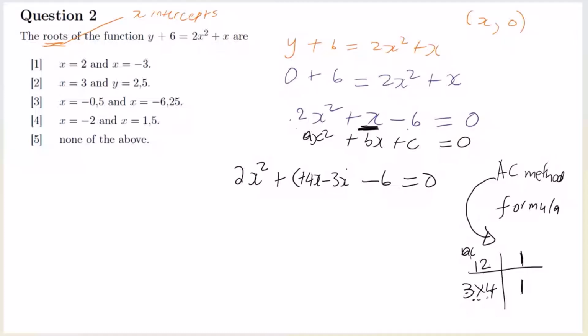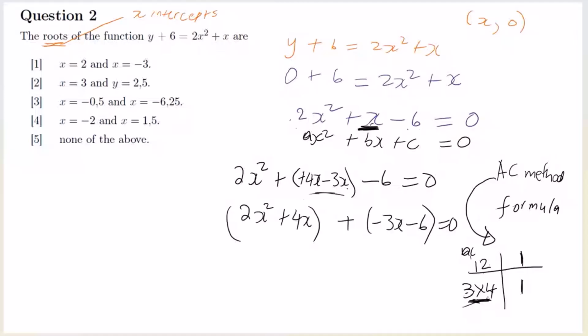You see what I've done? I've rewritten the x, so it's called substitution. Now I'm going to have 2x squared plus 4x, grouped together, and minus 3x minus 6, grouped together. So you use a grouping method.